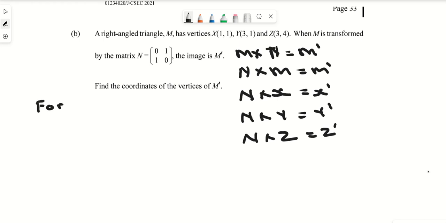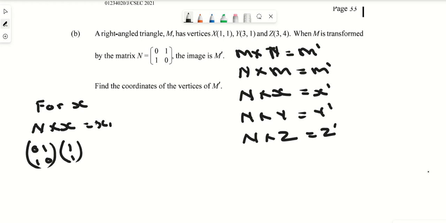For X, it would be N multiplied by X to give you image X1. So we know N is 0, 1, 1, 0. X as a column matrix would be 1 on top, 1 on the bottom. And that will give you X1. This is equals to row by column.